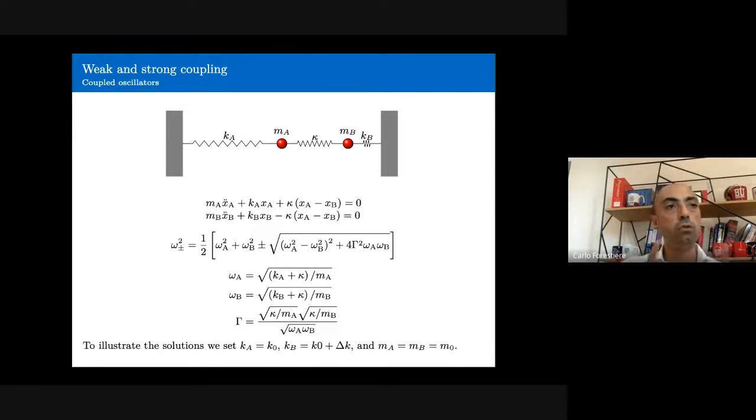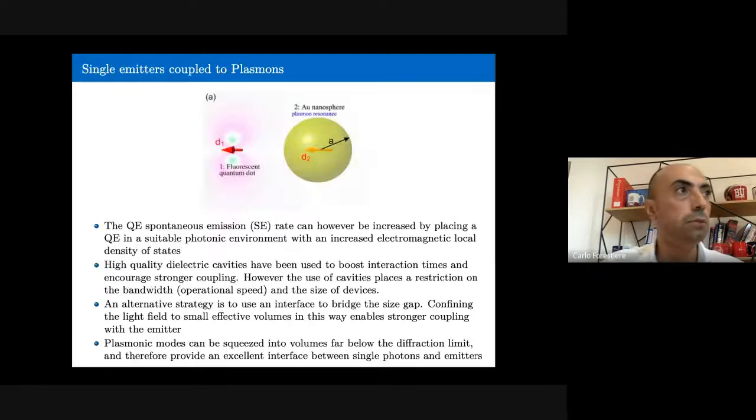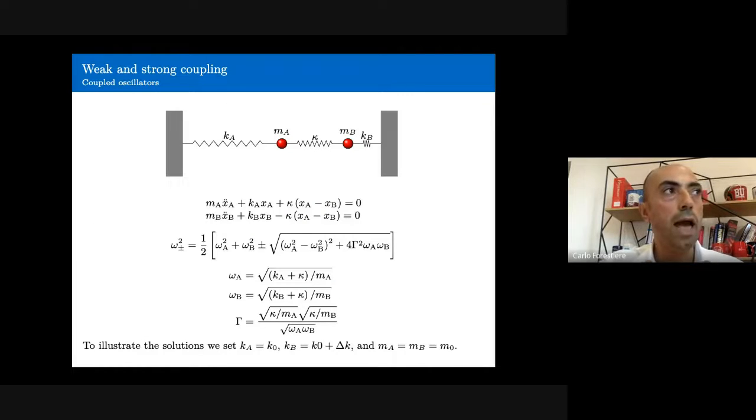So there are two possible regimes of interaction between this emitter and the plasmonic nanoparticle, which are the strong and weak coupling. Now I will try to introduce this difference by a simple classical analogy in which we have two harmonic oscillators which are in some way coupled between them, with a coupling constant.